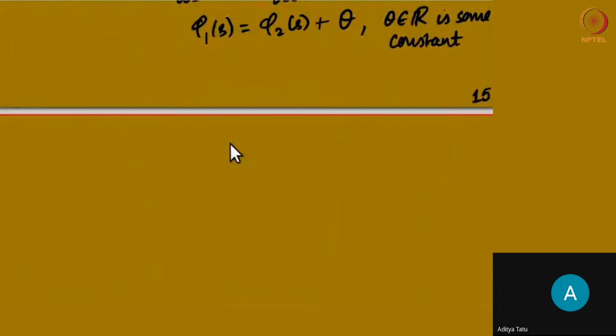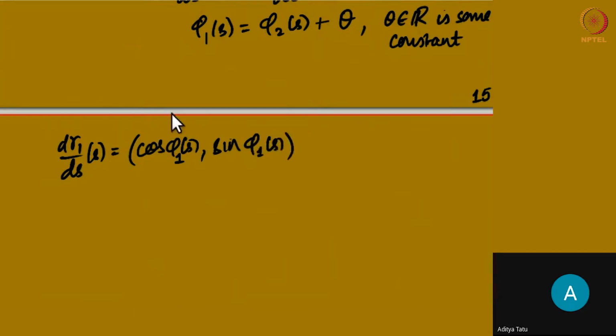So d gamma 1 by ds would be cos phi 1 of s, sine phi 1 of s. Phi 1 in terms of phi 2, let's replace it, I get cos of phi 2 of s plus theta, sine of phi 2 of s plus theta.